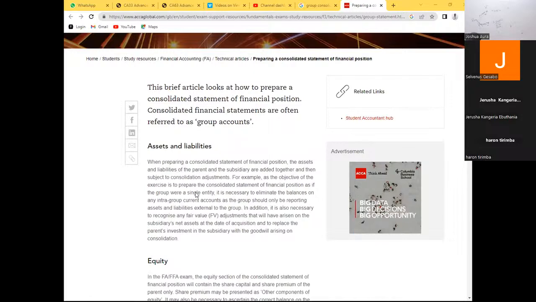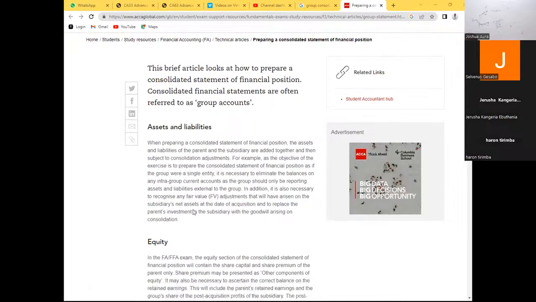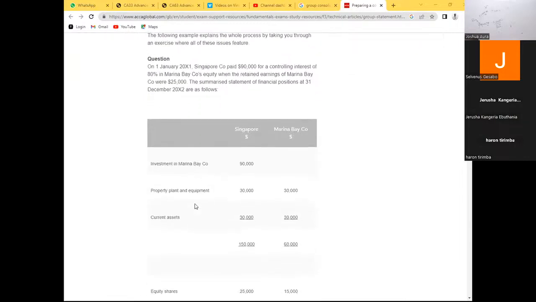And I remember I have this video, I must have even sent it to you. So I simply want us to do this question here. It reads: on 1st January 2021, Singapore Company paid $90,000 for a controlling interest of 80% in Marina Bay Company's equity when the retained earnings of Marina Bay Company was $25,000.